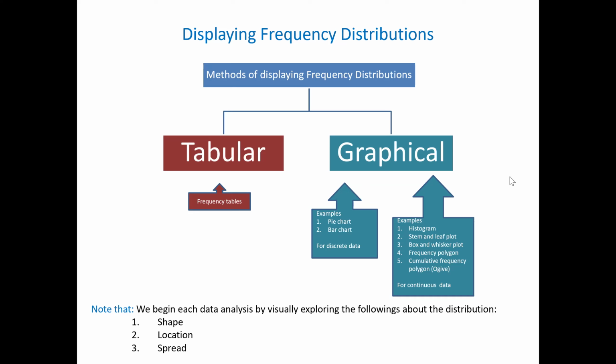If you remember yesterday, when we were talking about the types of variable, I first of all gave the most fundamental approach: numerical and categorical. Under categorical, you have nominal and ordinal. Under numerical, you have discrete and continuous.